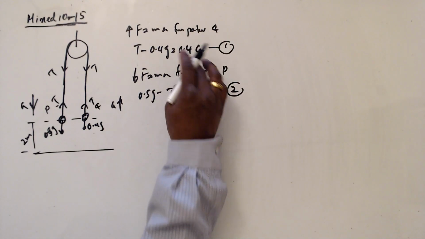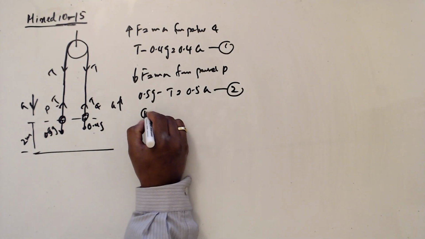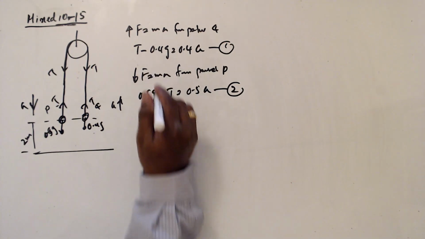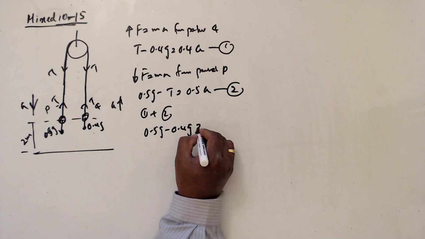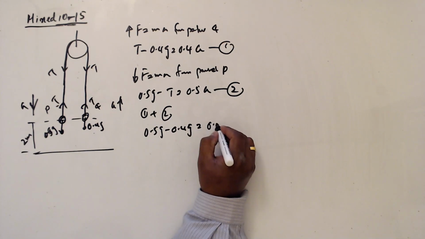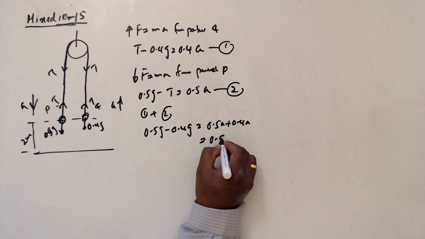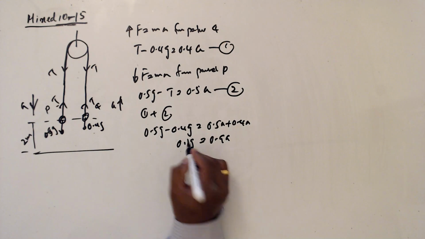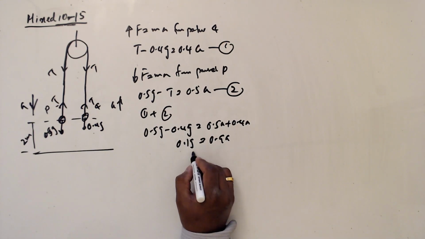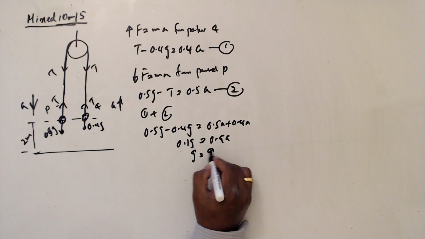Now from here we can find the tension and the acceleration. When we add 1 plus 2, T cancels out. 0.5g minus 0.4g equals 0.5A plus 0.4A. 0.9A equals 0.1g.